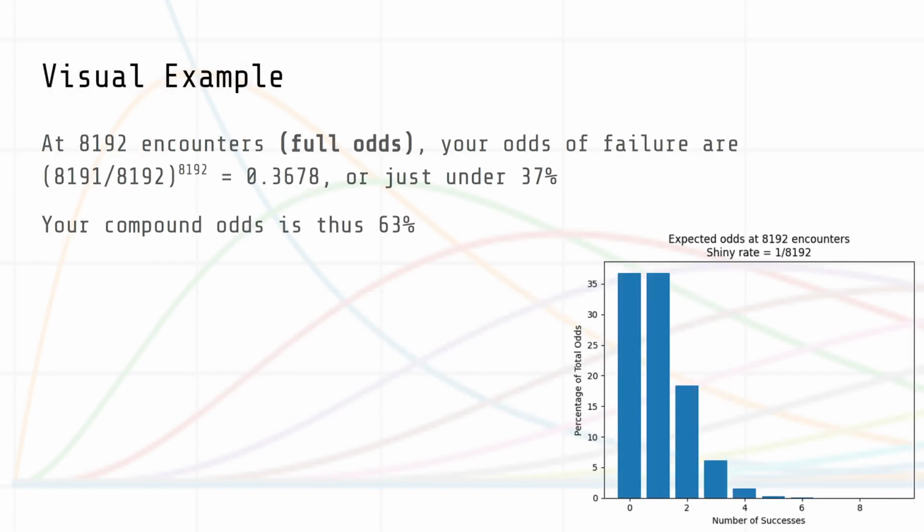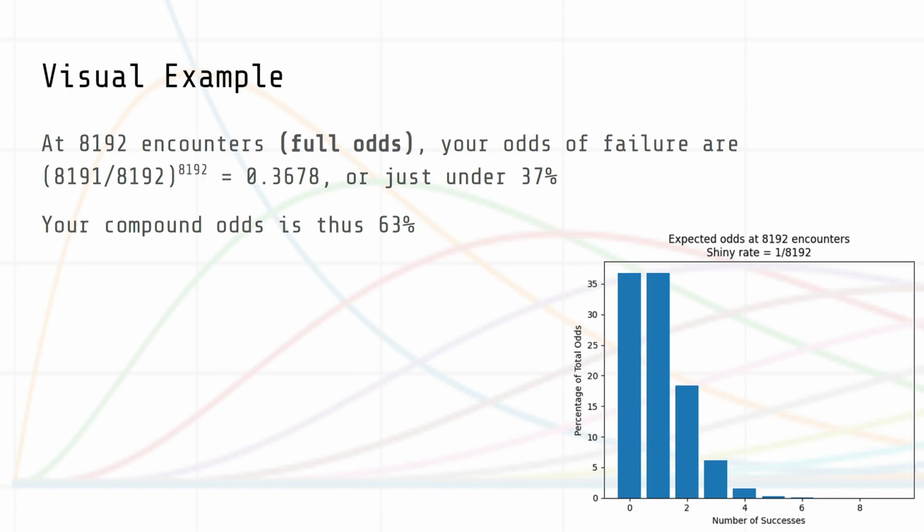Now here's a visual example of what I'm talking about. On the right, there's a graph of all of the percentage of total odds of finding so many Pokemon out of 8,192 encounters. This is what we call full odds. At a full odds encounter rate, your odds of failure are 8191 out of 8192 to the power of 8192.